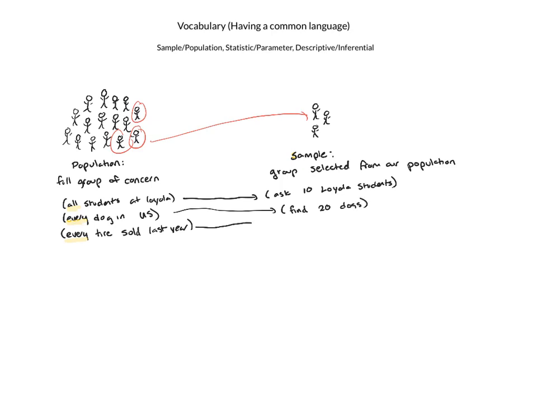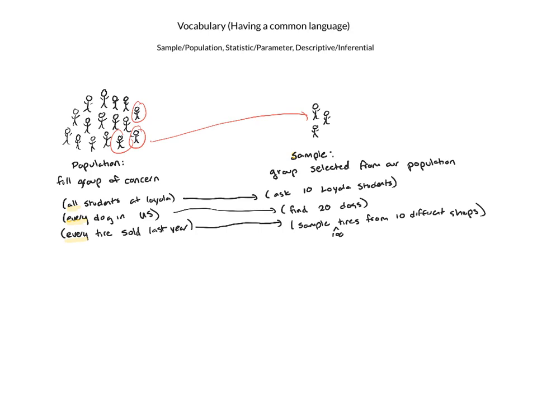I can't find every tire sold last year, so for instance, I might sample tires from 10 different shops. And let's specify here, I'm going to sample 100 tires from 10 different shops.